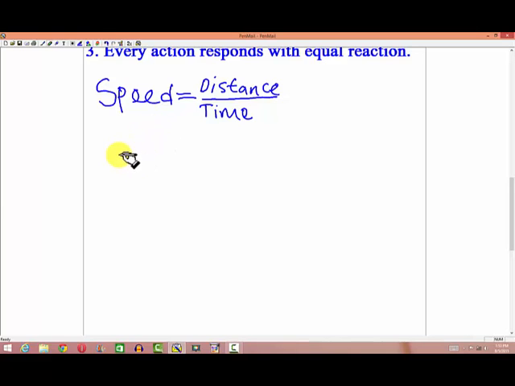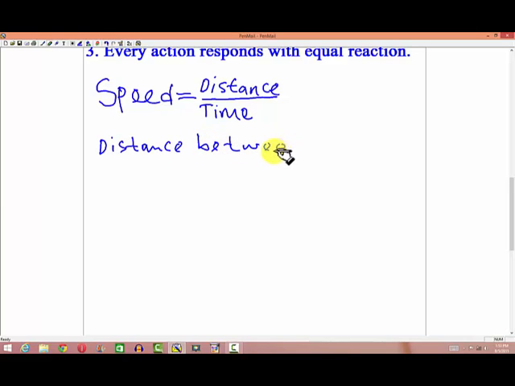That's it. As you see a car running very fast, if you know the time it is moving and the distance it is going, you can calculate it by yourself.